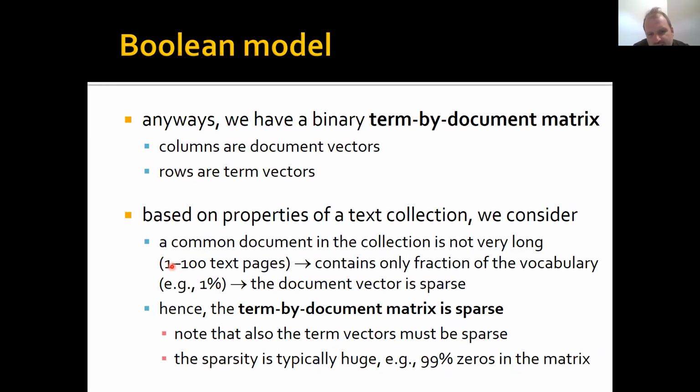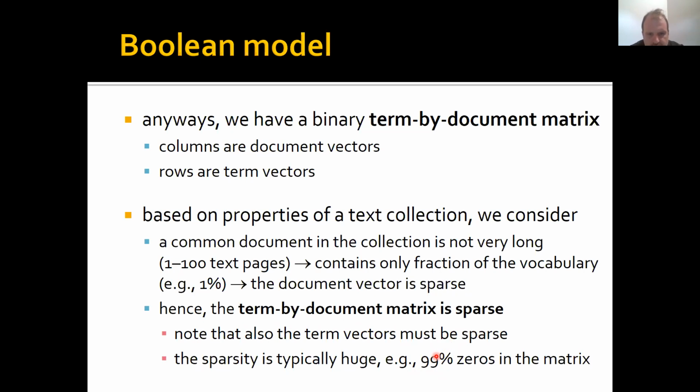So at the end, the document will contain less than 1% of all words in the vocabulary, and therefore the binary vector of the document will be very sparse. There will almost everywhere be zeros, and from some point to some point there will be just 1, but it will be very sparse. Therefore, the whole term by document matrix will be very sparse, almost zeros there.